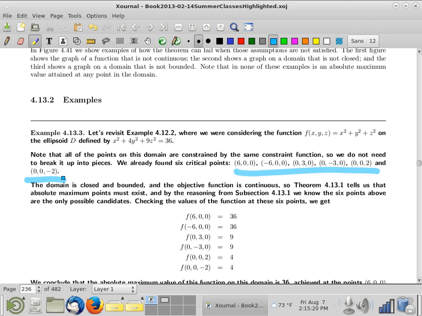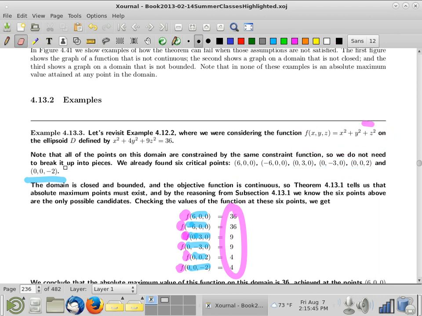So we take these 6 points and just plug them into this function, and see what values you get. And those are the values you get. So the absolute maximizer has got to be one of these 6 points. Here are the values of the function at those 6 points.